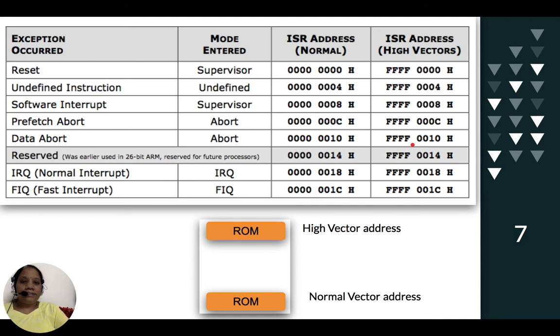The reason why this is done is because for some applications, the data abort program may be small, maybe just occupying a little space in the memory. For some applications, data abort may be a huge program. So I cannot evenly give some space for writing data abort instructions, because it depends on what kind of application it is. For example, when you take a reset, if you have an ordinary TV remote, the reset program may be a very small program.